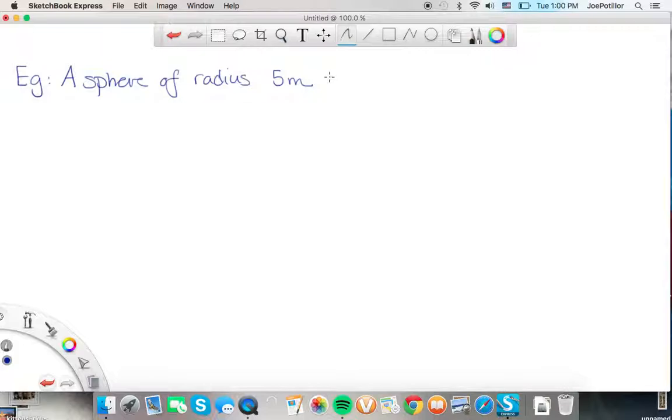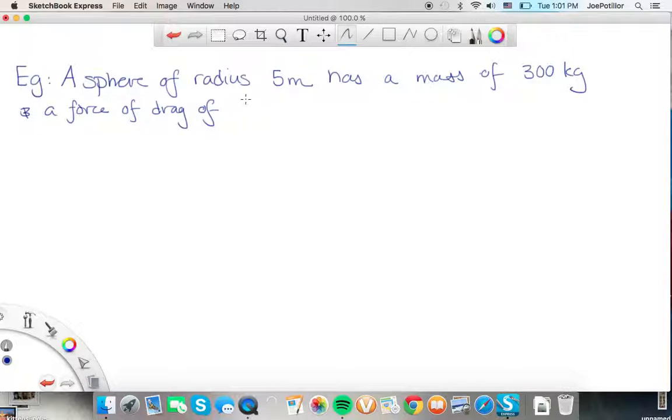Let's say we have a mass of 300 kilograms, and a force of 500 newtons, and I want to find the change in pressure of the sphere.